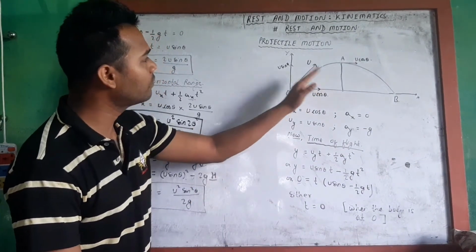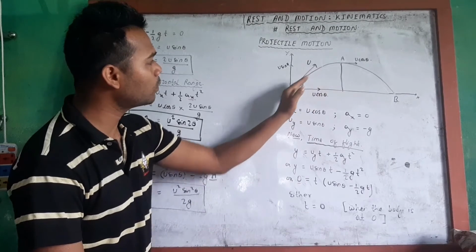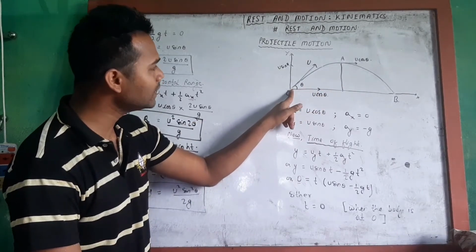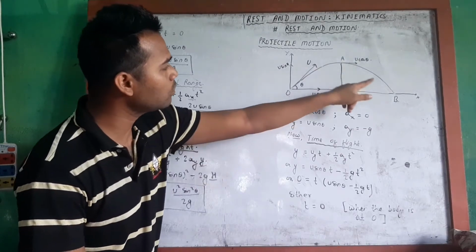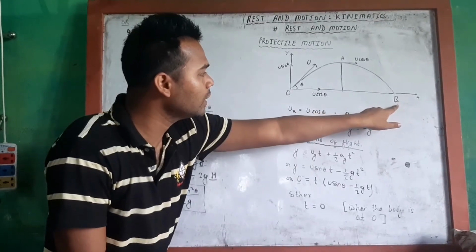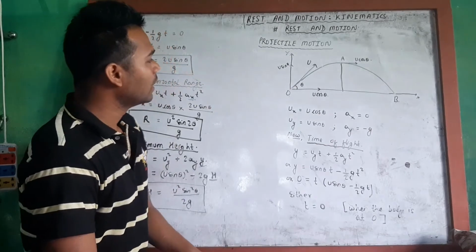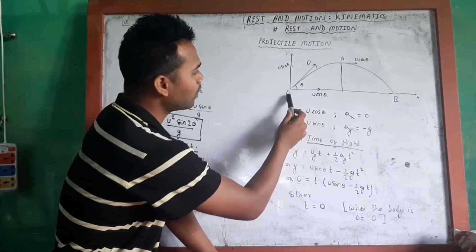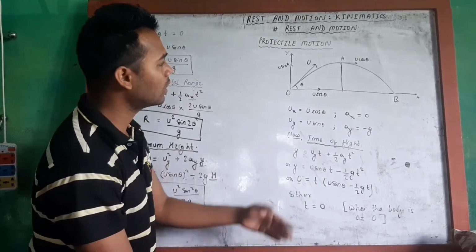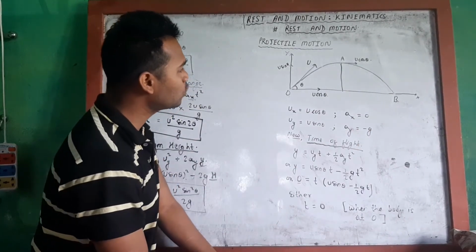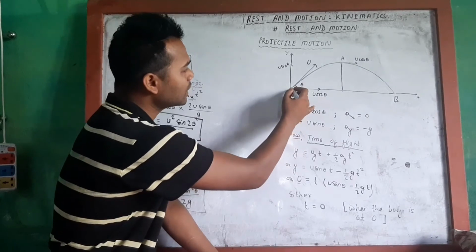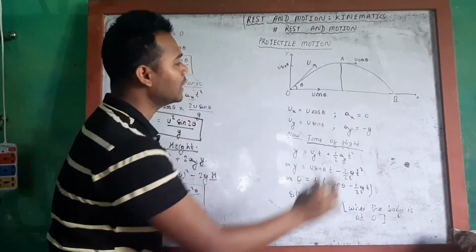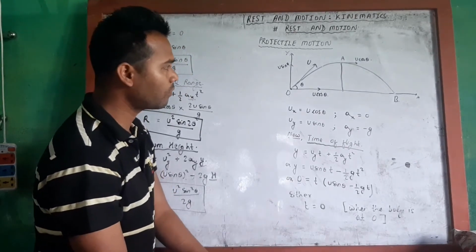Here I have drawn one figure in the xy plane of the projectile. Here the projectile is projected from the origin and it follows the parabolic path and falls at the point B. In this projectile motion, the distance or the displacement from O to B is called the horizontal range, and the total time taken by this projectile to reach from point O to point B is called the total time of the flight.